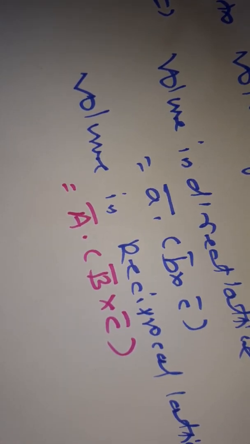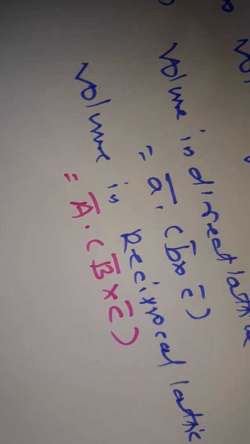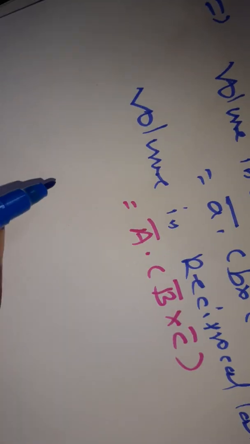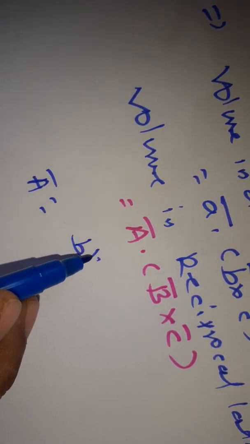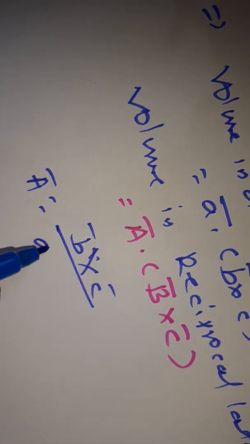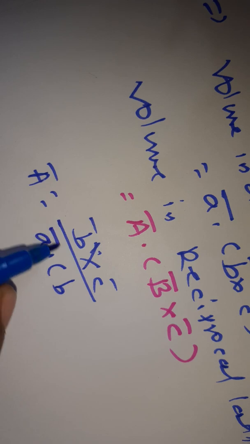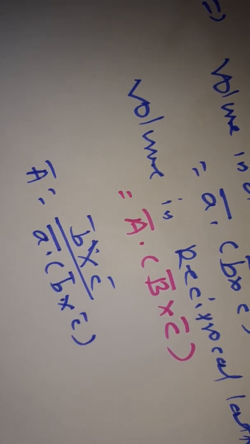But we know there is a relation between the reciprocal lattice vector and the direct lattice vector. So A bar is equal to B bar cross C bar divided by A bar dot B bar cross C bar.